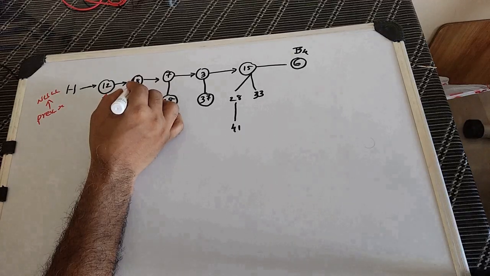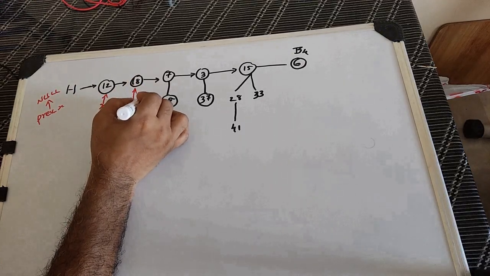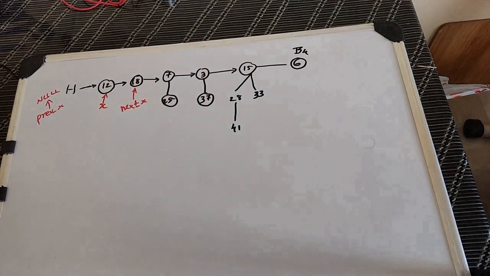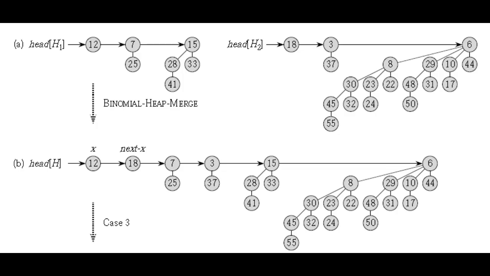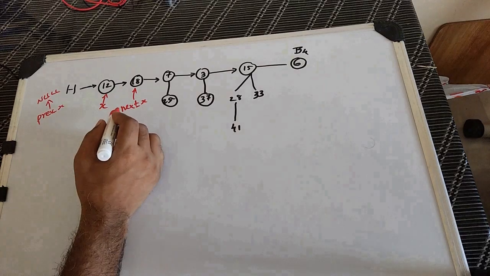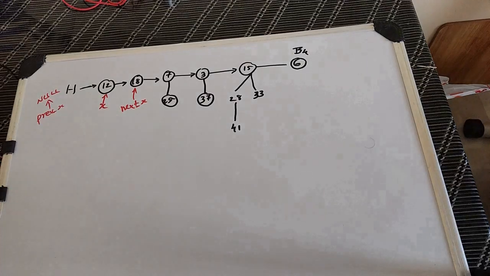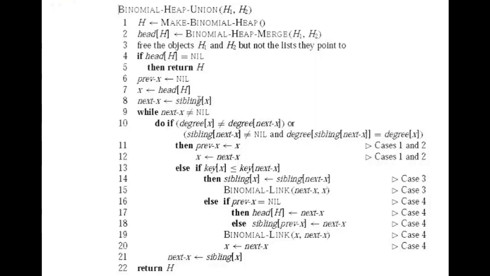Then this is next x. Okay, this is a non-standard binomial heap. Let us go through the algorithm.